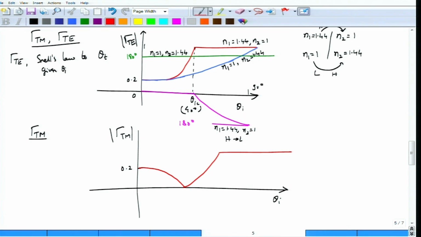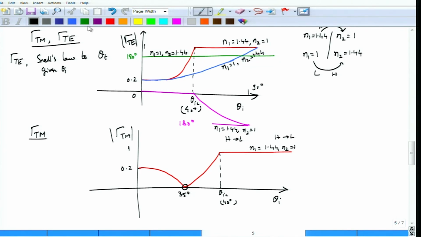It reaches the magnitude of unity at a certain critical angle, again around 40 degrees, whereas there is a point where the magnitude of the reflection coefficient goes to 0. This is around 35 degrees, and this is the case where n1 is equal to 1.44 and n2 is equal to 1, where you went from a high to a low refractive index medium.